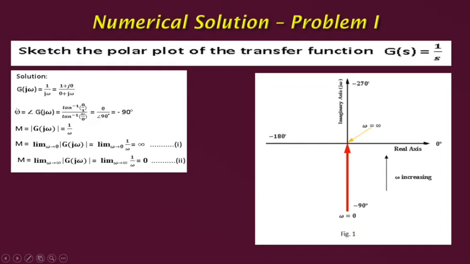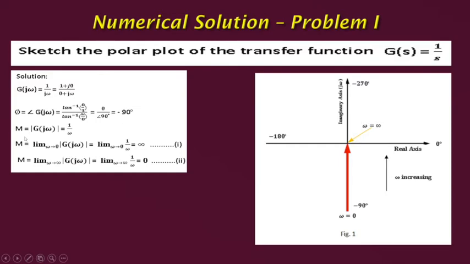So if this is phi 1 and this is phi 2, the total angle is phi 1 minus phi 2. That means 0 minus 90 degrees, so this angle is minus 90 degrees.